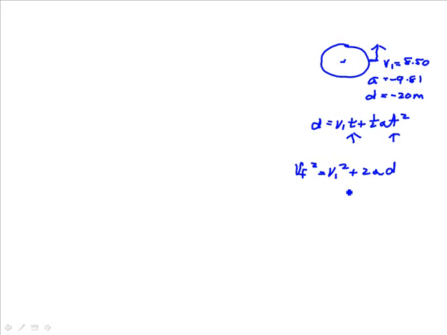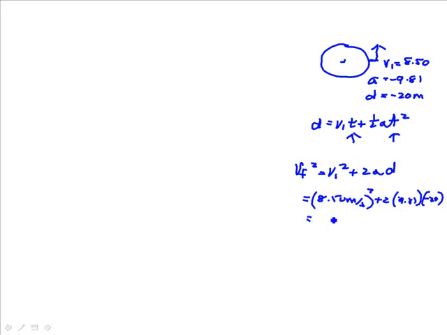We have all the information we need. The initial velocity is 8.50 meters per second, squared, plus 2 times 9.81 negative times negative 20 meters.